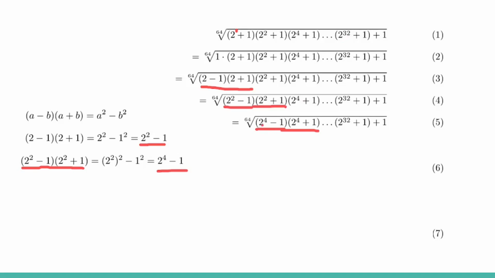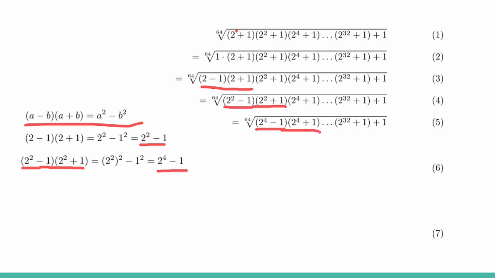And so when this becomes 2 to the power of 8 minus 1, the next term here would be 2 to the power of 8 plus 1. And we would just simply apply this equation over and over again, with the power of 2 doubled each time.